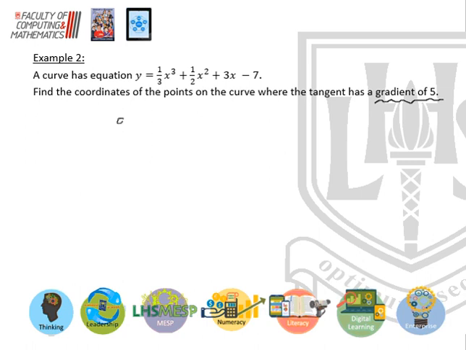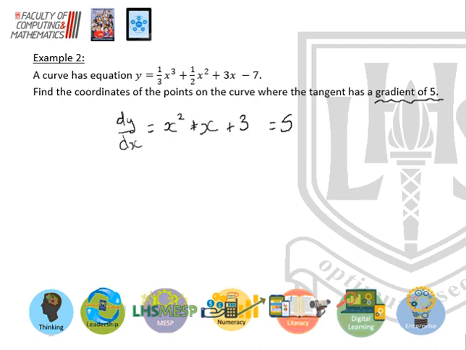So if I get the differential, dy by dx, 3 times a third is just 1, so that's just going to be x squared. 2 times a half is just 1, so that's just going to be a single x. And then 3x differentiated is 3. Now I want to know where the gradient is equal to 5. That means I want to know when the differential is equal to 5.